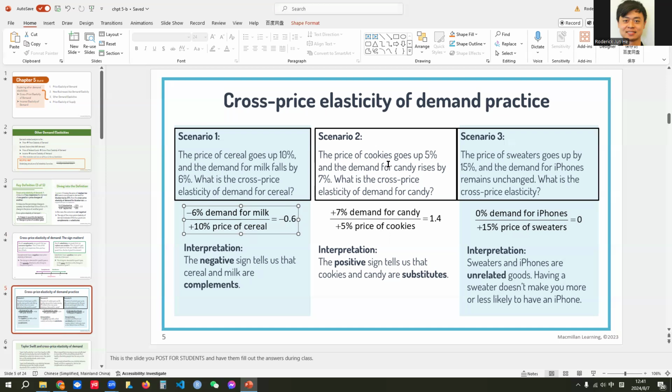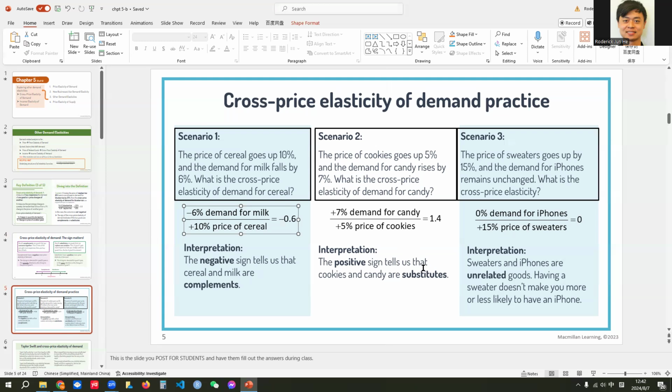The second one, the price of cookies goes up 5% and demand for candy rises by 7%. So the result is a positive number that implicates that cookie and candy, both being sweet, are substitutes. Okay. And the last one, the price of sweater goes up by 15%, demand for iPhone remains unchanged.